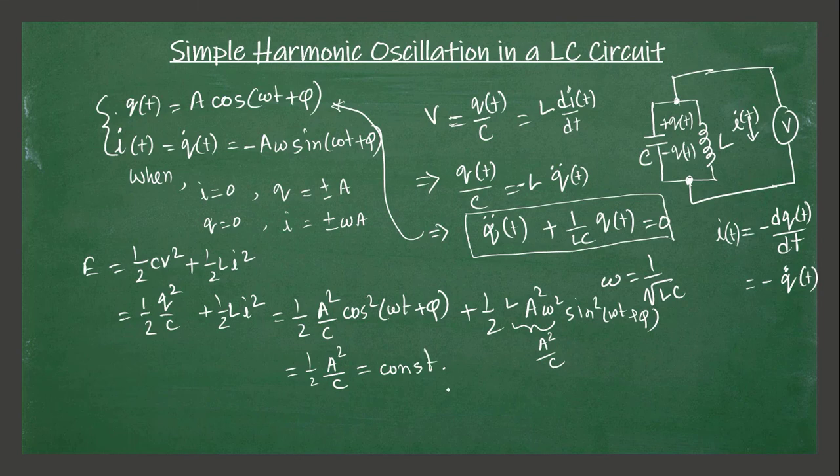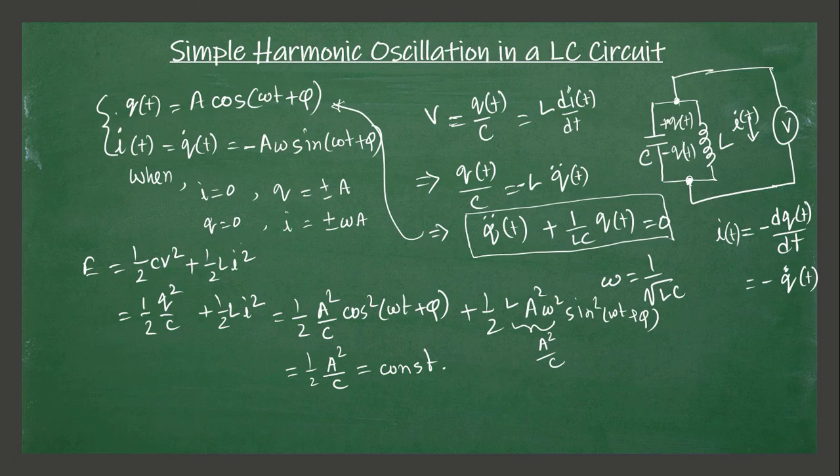Now what does this constant A mean? Well, from this circuit you can see that just when we connected the capacitor and this inductor together, all the energy was in the capacitor because there was no current flowing through the inductor. So Li squared was 0, and all the energy was half CV squared. In that situation the charge was the maximum.